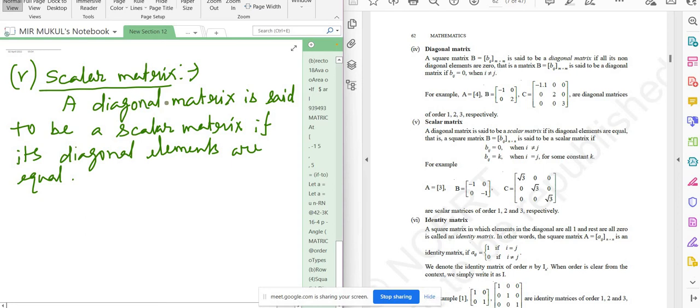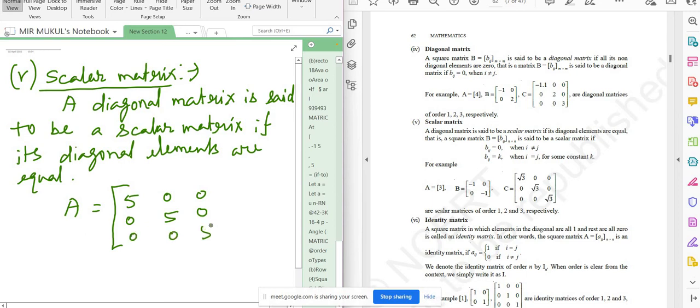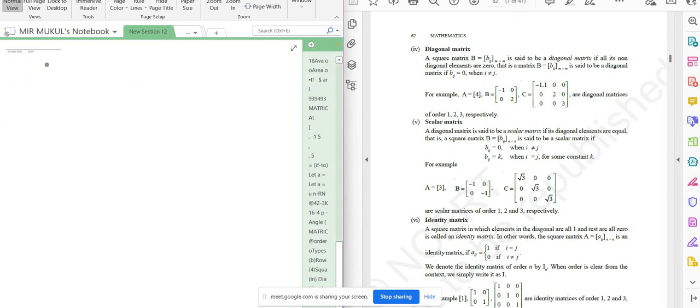Like one example, take 5, 0, 0, 0, 5, 0, then 0, 0, 5. Clearly these three are the diagonal elements and all are equal, so it is a scalar matrix.